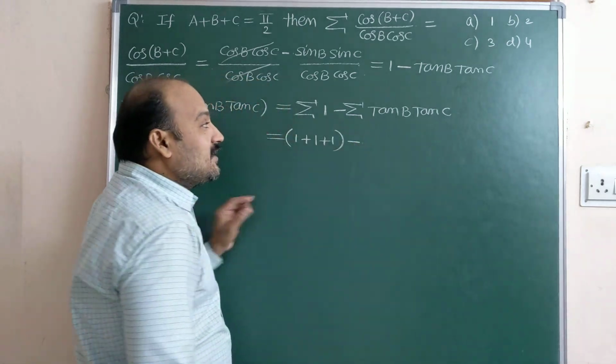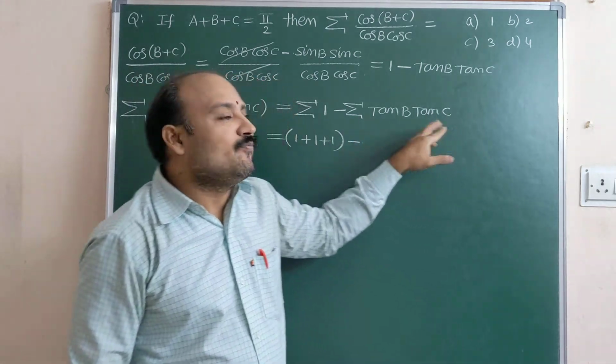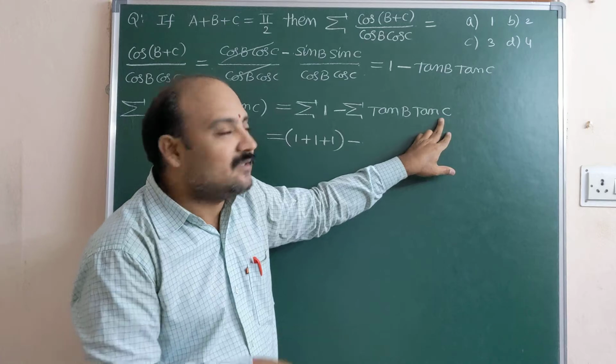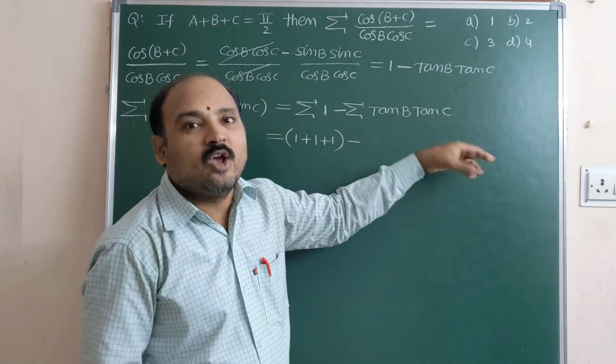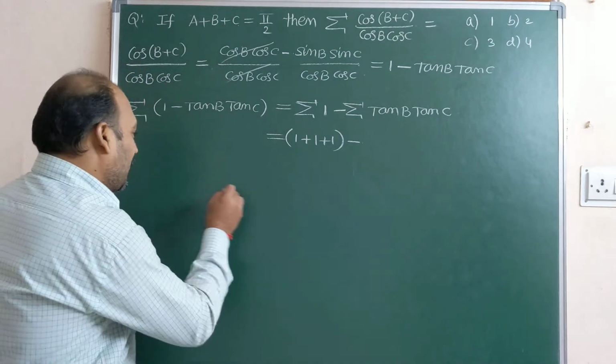Minus sigma tan B tan C, which means tan B tan C plus tan A tan B plus tan C tan A. We know that it's a very important result.